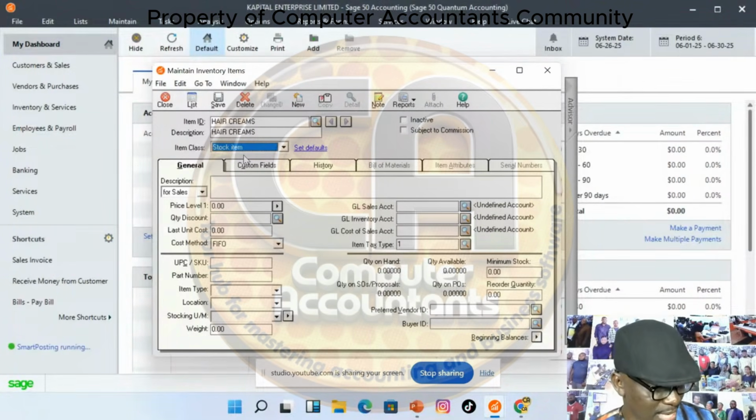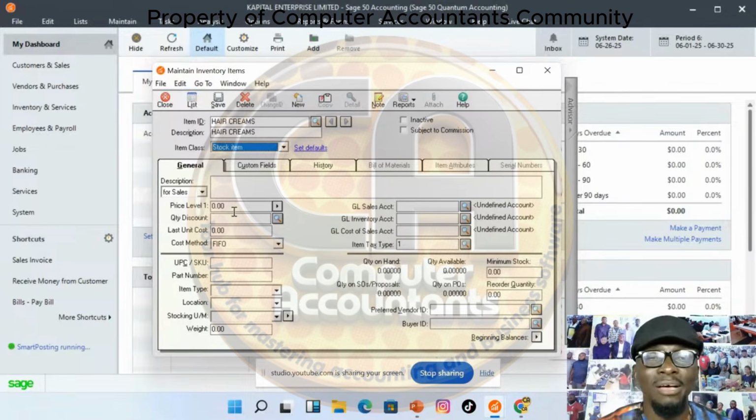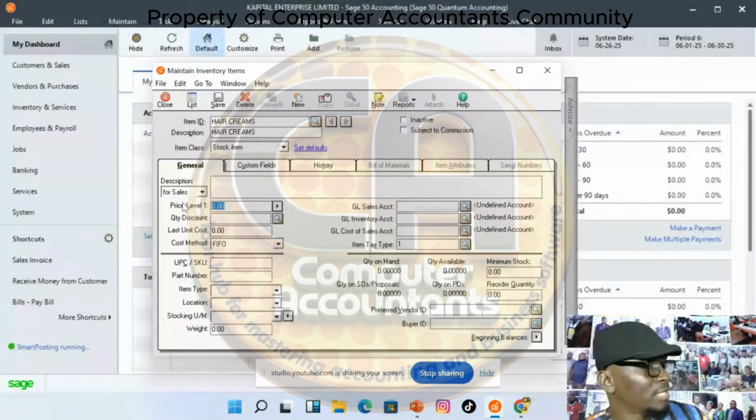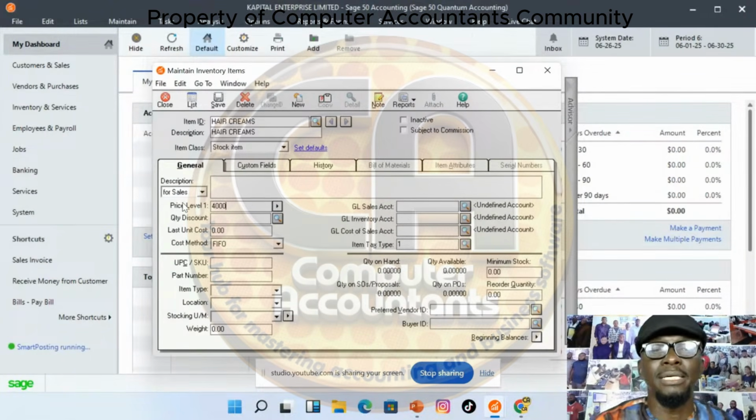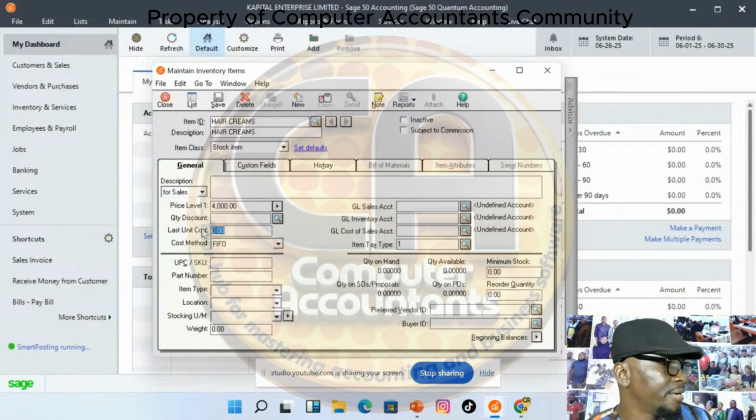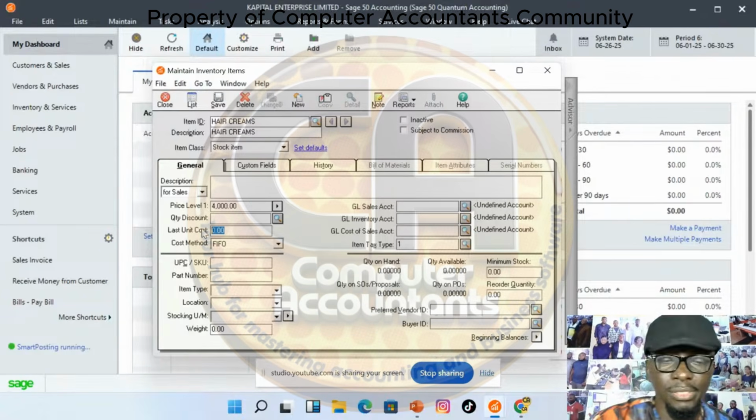From the selling price of hair cream, there is 3,000, there is 4,000. Actually, it's 4,000. So 4,000, that's the selling price. Then the cost price of hair cream is 2,000.